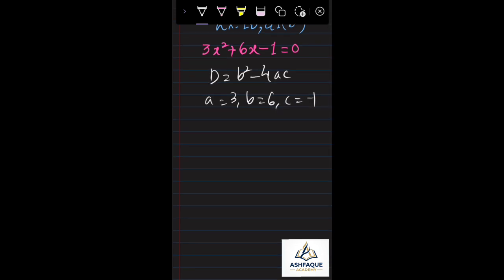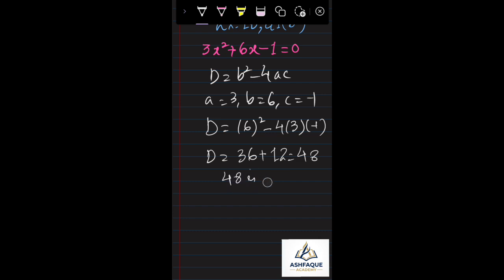So D equals 6 whole square minus 4 times 3 times minus 1. So D will be equal to 36 plus 12, that is 48, and 48 is not a perfect square.